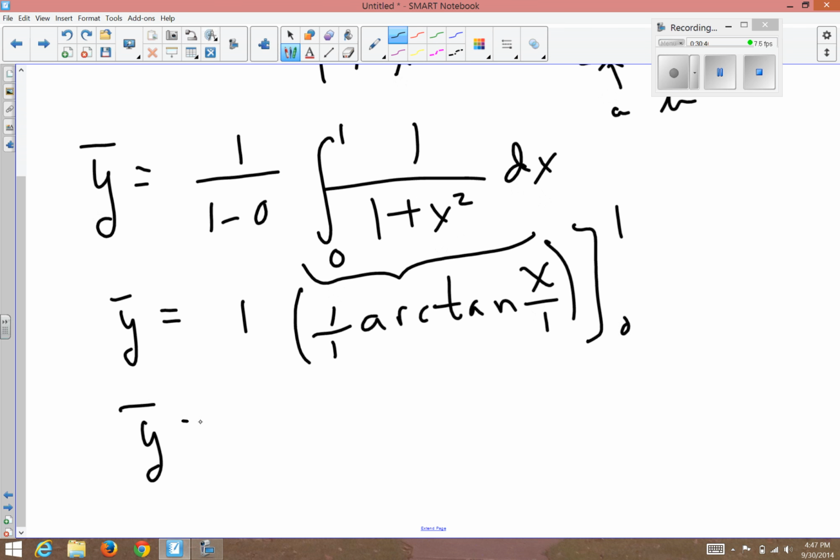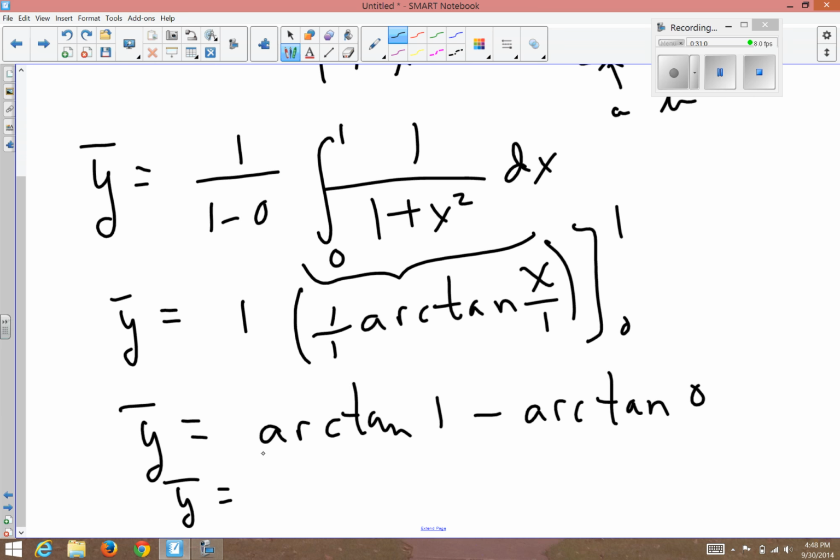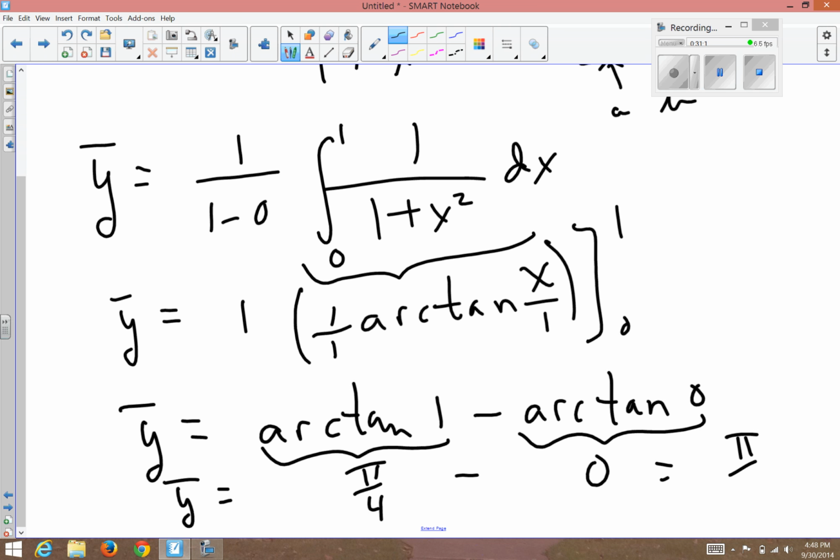Y bar is the arc tangent of, replace x with the number up here, minus the arc tangent, replace x with the bottom number. The angle whose tangent is 1, everybody knows that's 45 degrees. The angle whose tangent is 0 is 0. So pi over 4 is the answer.